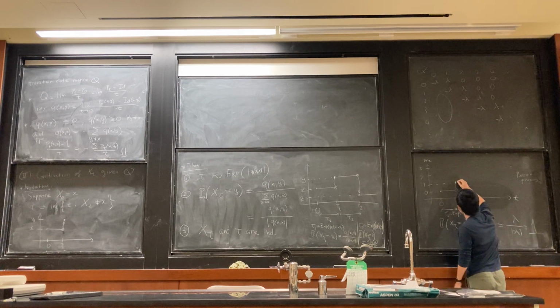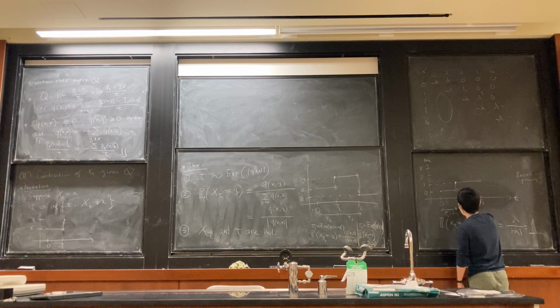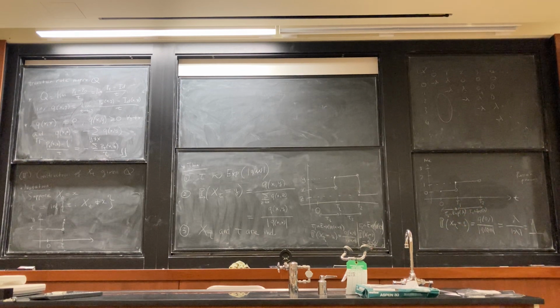Similarly, you start from 1 here, and I'm going to wait until the second guest arrives at T2, and the rate here is still exponential lambda. Tau 2 is still exponential lambda. So that's indeed the Q of 1, 1.